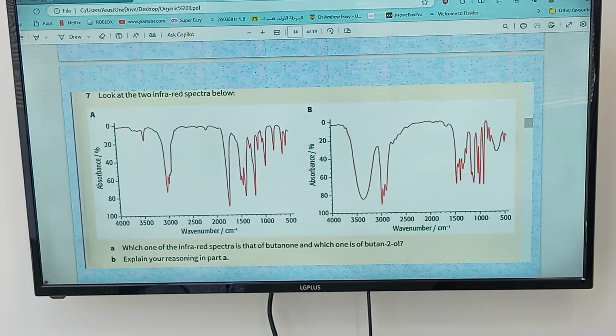Look at the two infrared spectra below. Wavelength here in this scale, x-axis, while absorbance percentage it is in y-axis. Which one of the infrared spectra is that of butanone, and which one is of butanol?